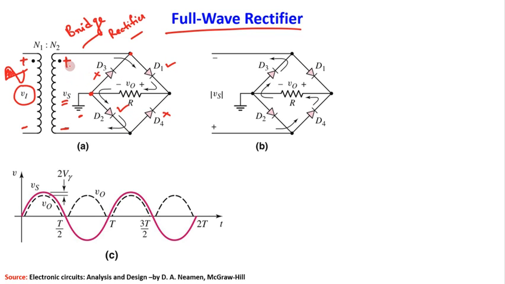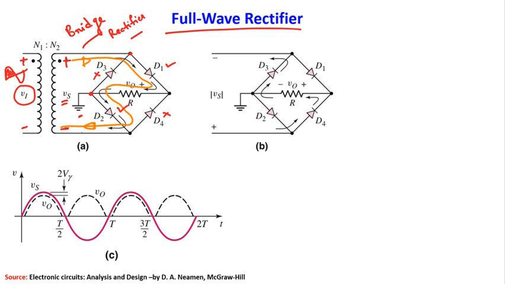So let us see if the current can flow or not. During the positive half cycle, current can flow like this, it cannot flow through this, but it can go like this, then it cannot go like this, so it has to go like this, and probably then like this. If you ask me to draw the line to show the current conduction path, then it will be like this, isn't it?